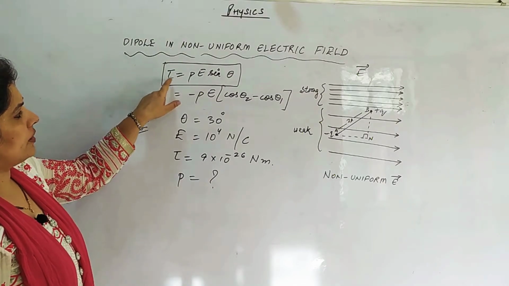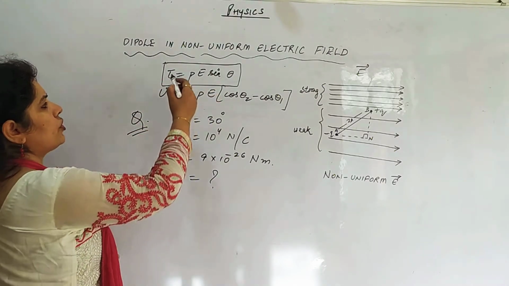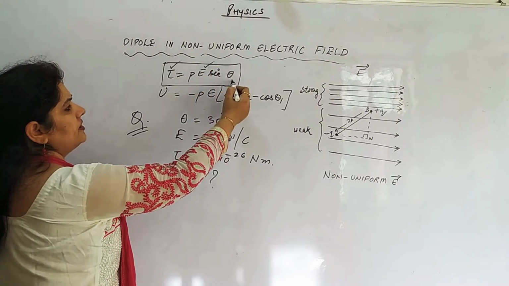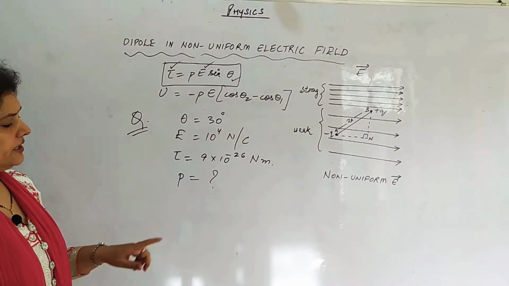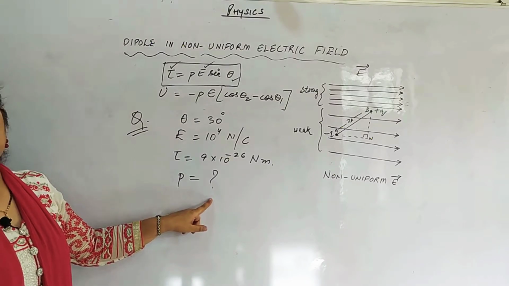We know that torque is pE sin theta, out of which torque is given, E is given, theta is given. You can calculate the value of dipole moment p. Please solve it.